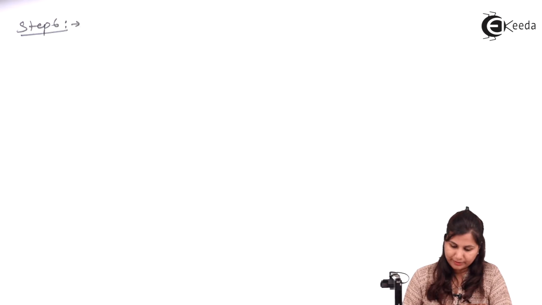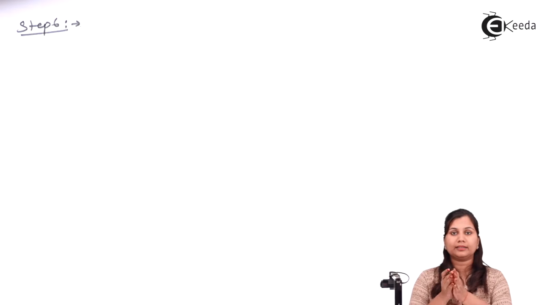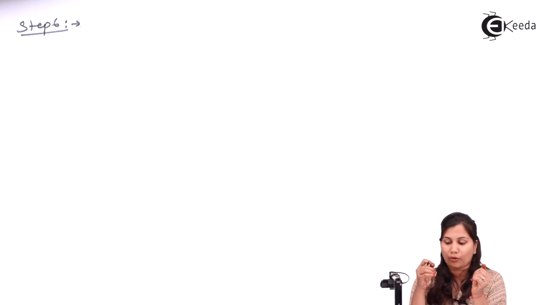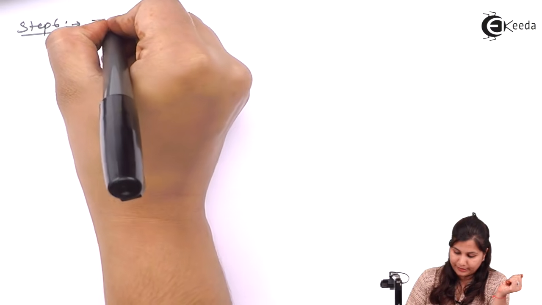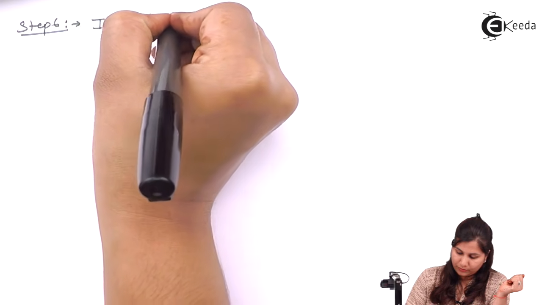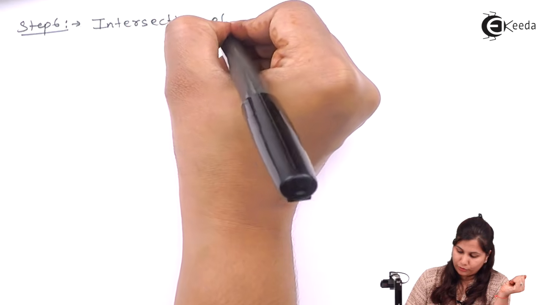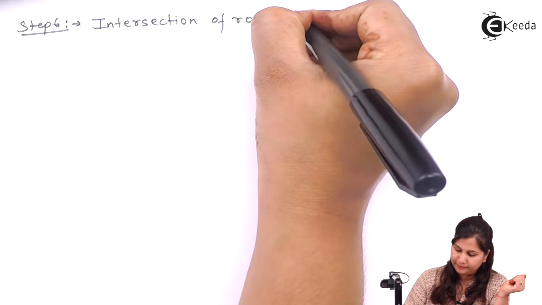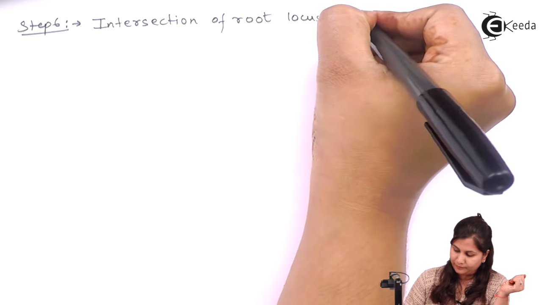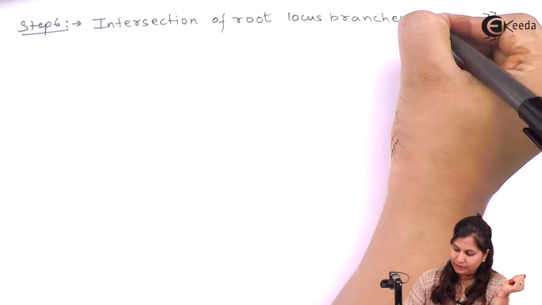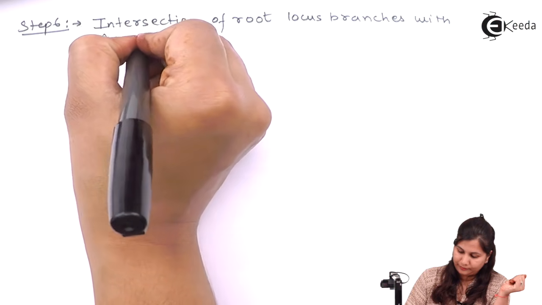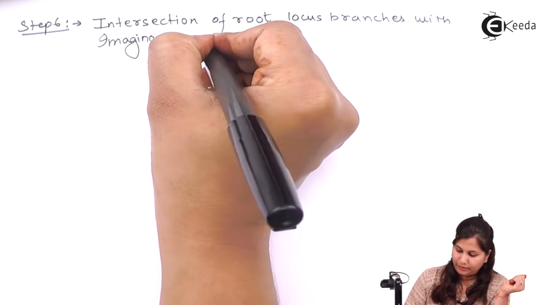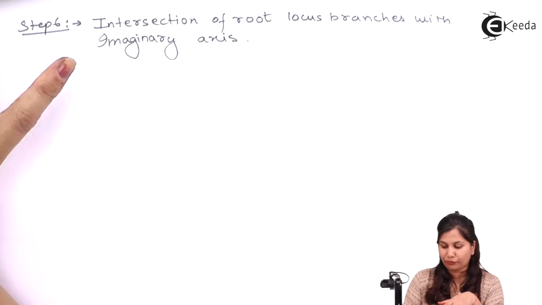Now in step number 6, we will determine the intersection of the branches of the root locus with the imaginary axis. We had 2 methods to find this.